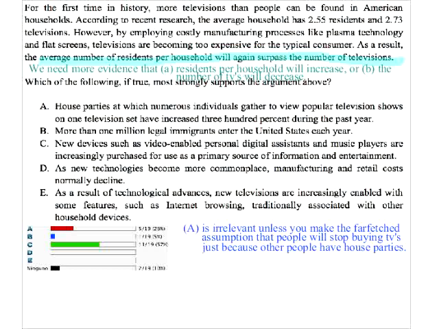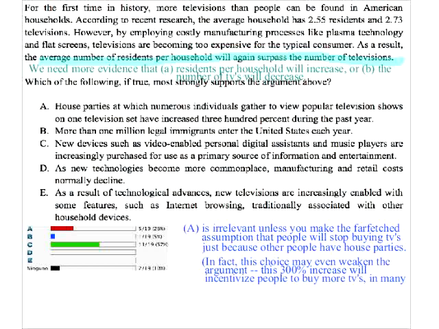So this choice may even weaken the argument. This 300% increase will incentivize people to buy more TVs in many cases. But it definitely won't decrease the number of TVs.